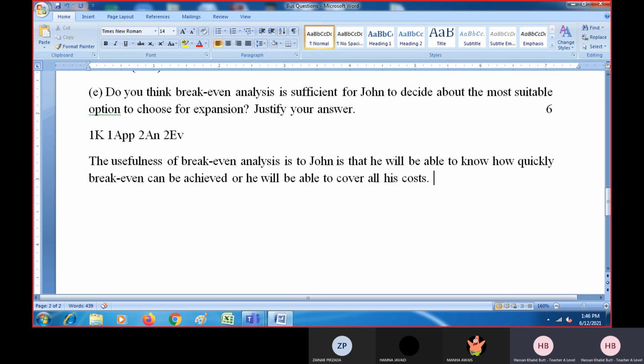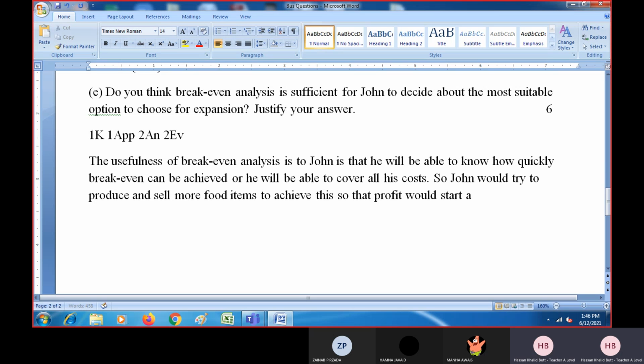Now I have written this, and I am developing this point. John would try to produce and sell more food items to achieve this, so that profit would start after that.